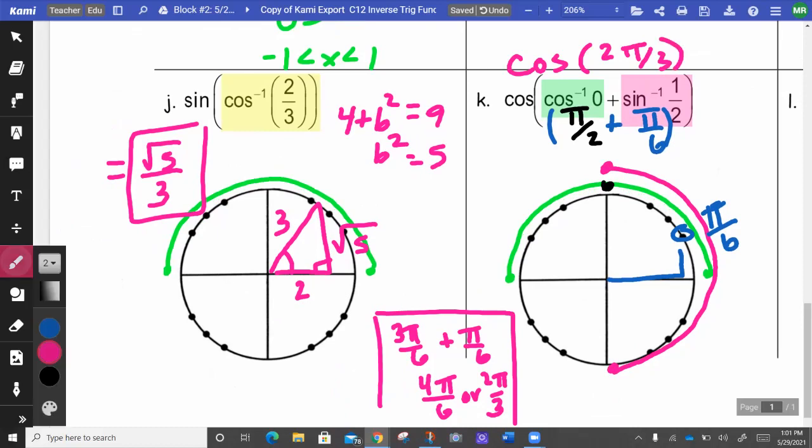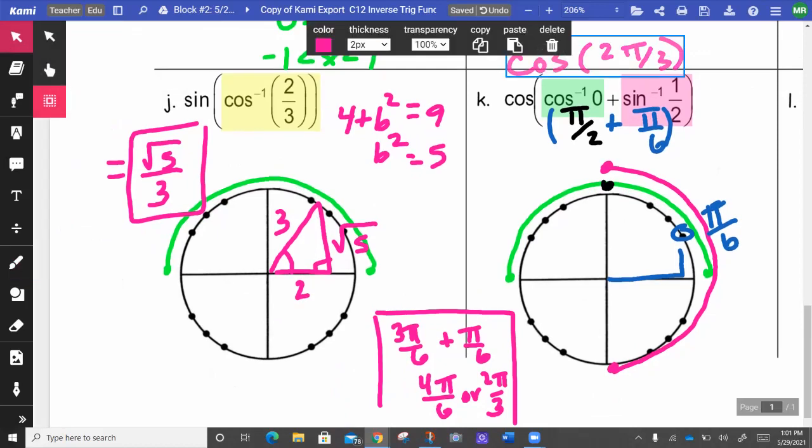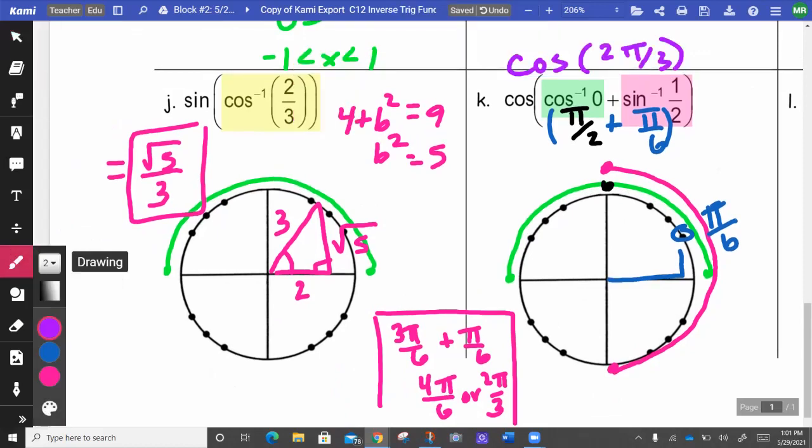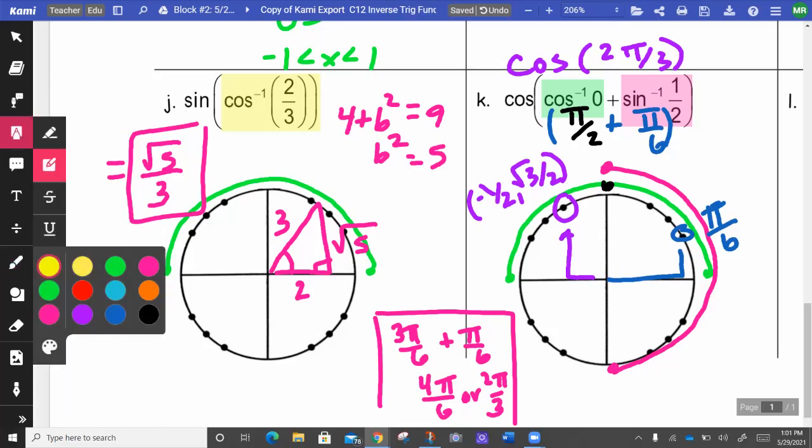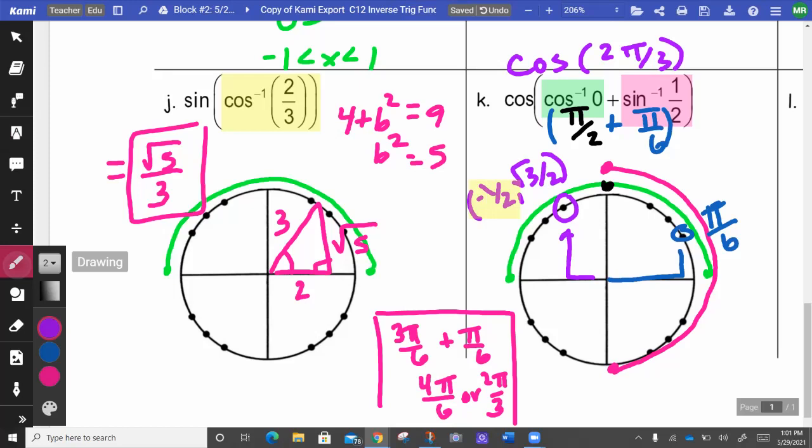And so if I go to 2 pi thirds, and I'll do that in purple. Okay. I'm going to find that 2 pi thirds is here. This point is short long, so -1/2 comma √3/2. I want the cosine, and the cosine is your x, so -1/2. So my final answer is -1/2.